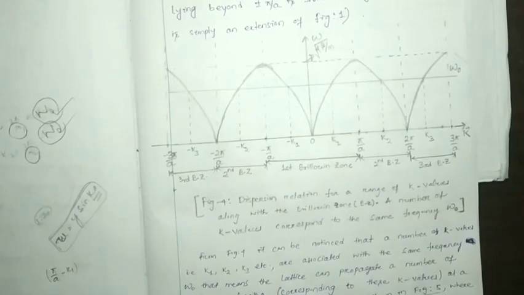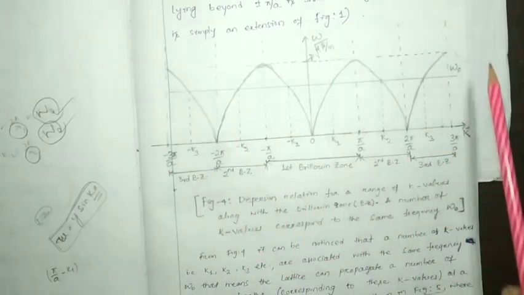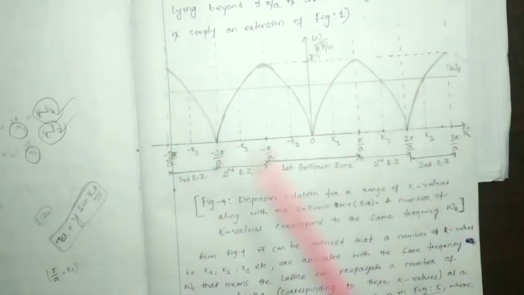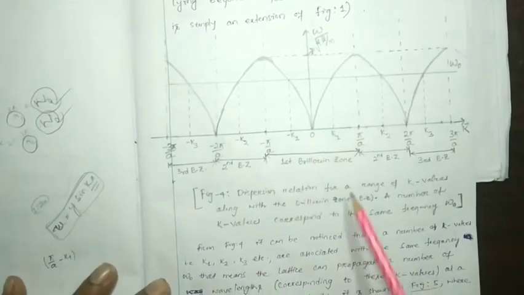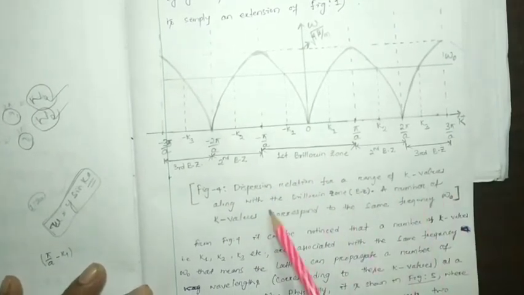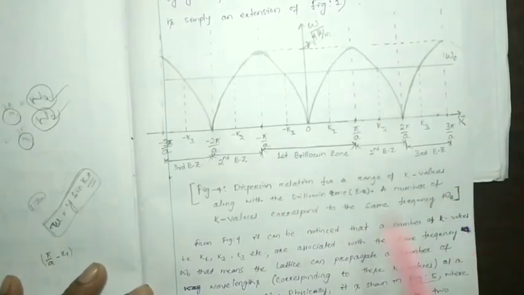Now we have to proceed further with whatever we have represented in the figure. Figure 4 represents the dispersion relation for a range of k values along with the Brillouin zone. A number of k values correspond to the same frequency omega 0.